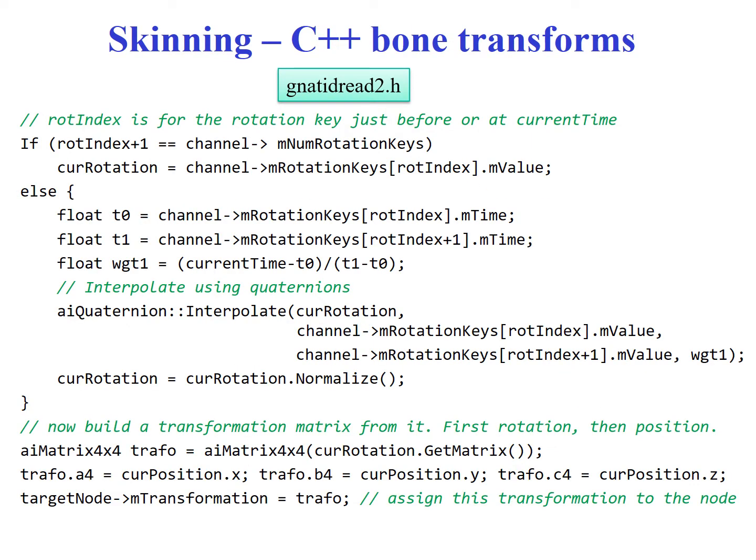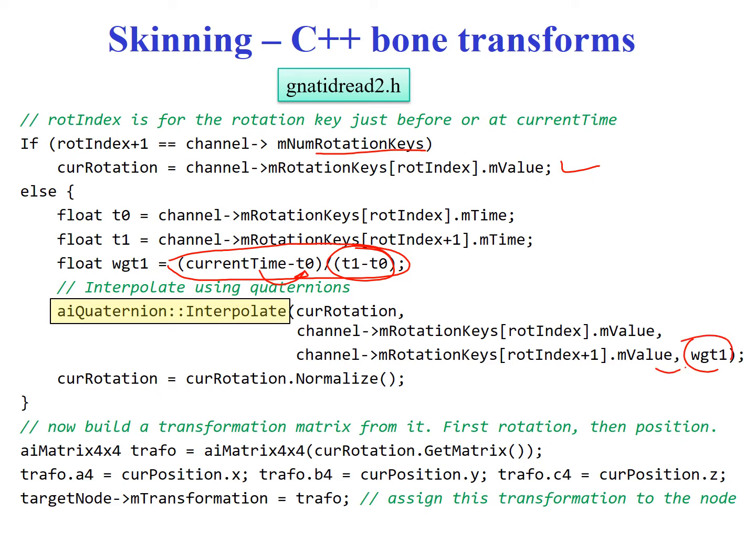The header file also allows you to perform quaternion interpolation. So if it is a keyframe, it is taken directly. Otherwise, a weight is calculated based upon the current time minus the reference time and the total gap between them, and that is used to multiply the rotation value accordingly, the first one and the second one, to get the new interpolated value at the current time.